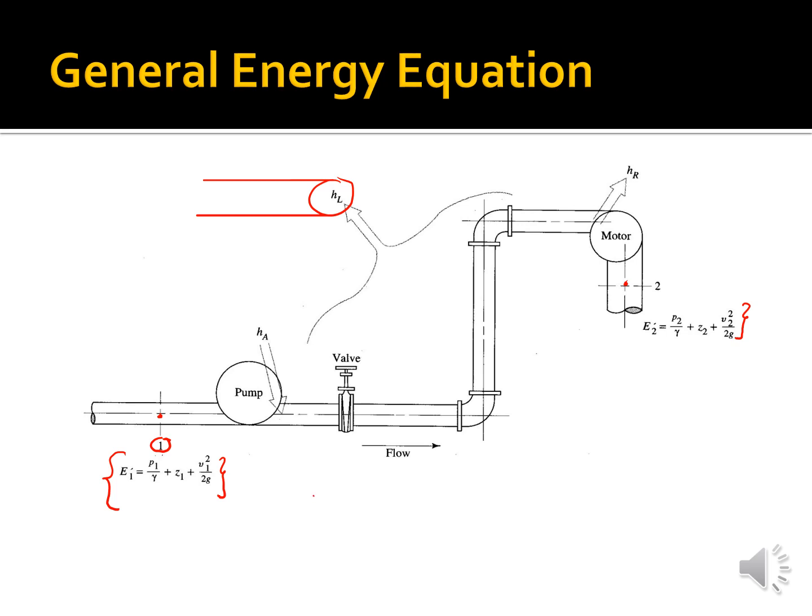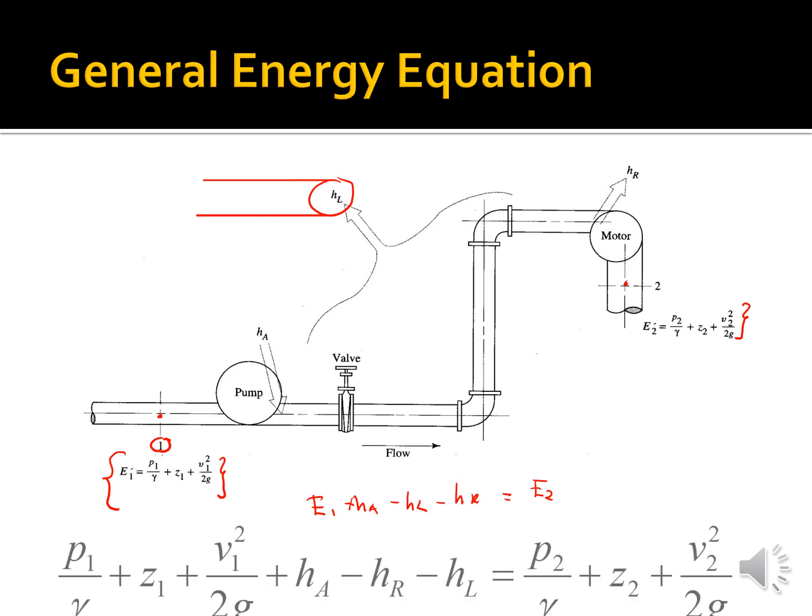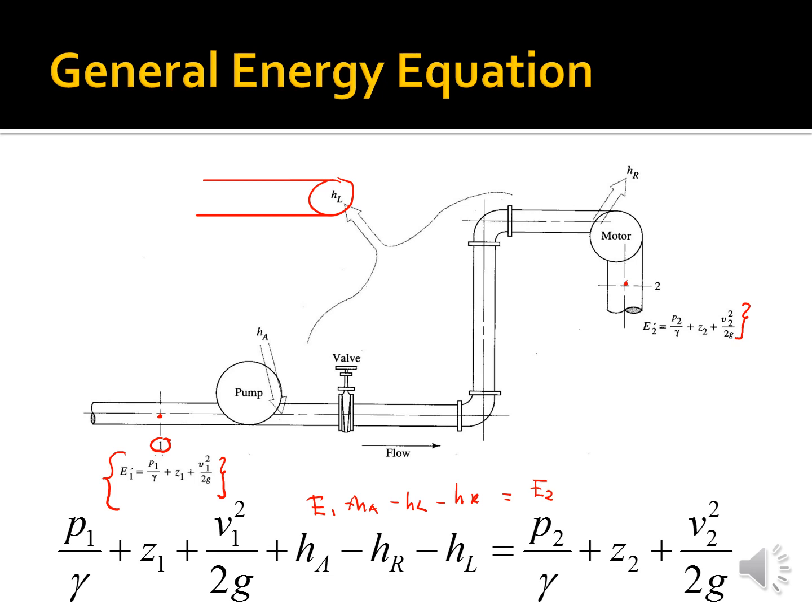Therefore, from E1, it goes through some HA, some HL, and the HR, then it will reach E2. So the general energy equation starts with E1, the actual energy possessed by the liquid at point 1.